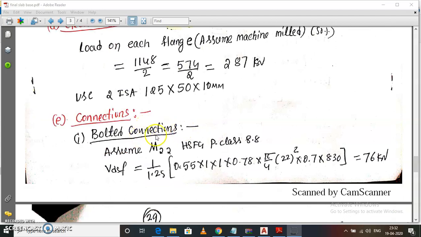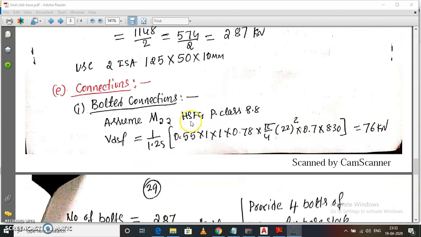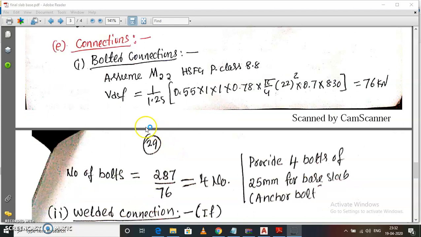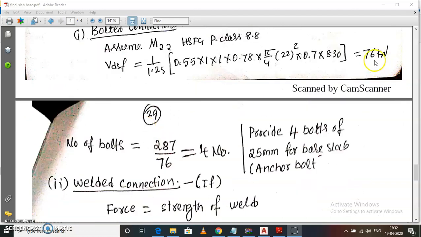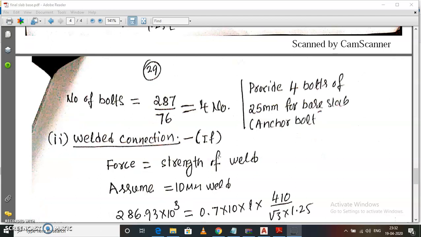So the bolted connections, assuming M22 HSFG bolts, the bolt value works out to be 76 kilonewton. Therefore the number of bolts required is 4: 287 divided by 76 means 4 bolts are required. So provide 4 bolts of 25 mm for the base slab anchor.